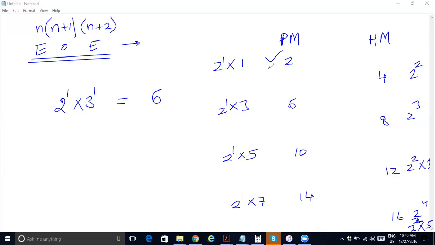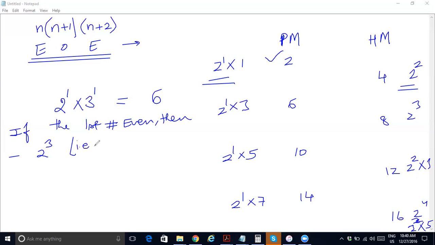If we take 2 consecutive even numbers, we will have at least three 2's. One from a pure multiple and two from a higher multiple. So if the first number is even, then we have three 2's, that is, n must be divisible by 8.